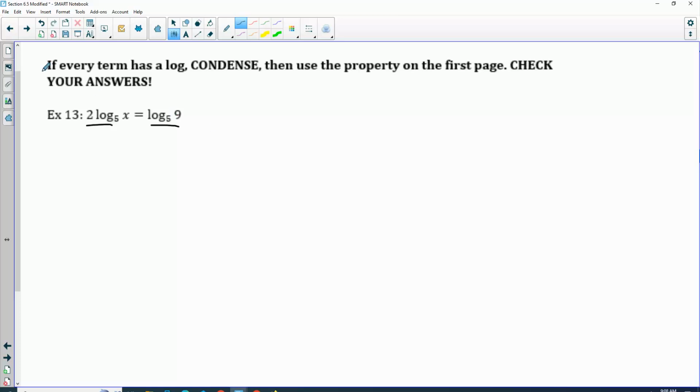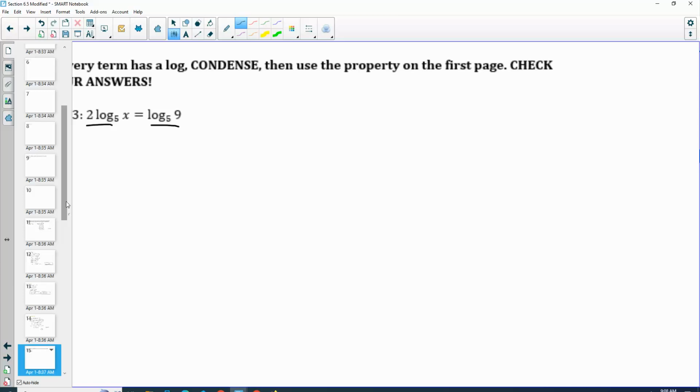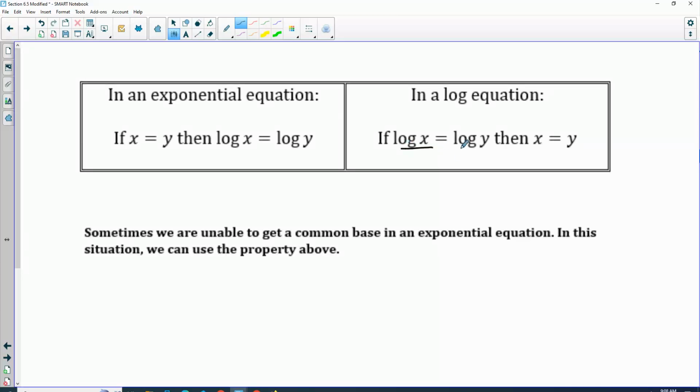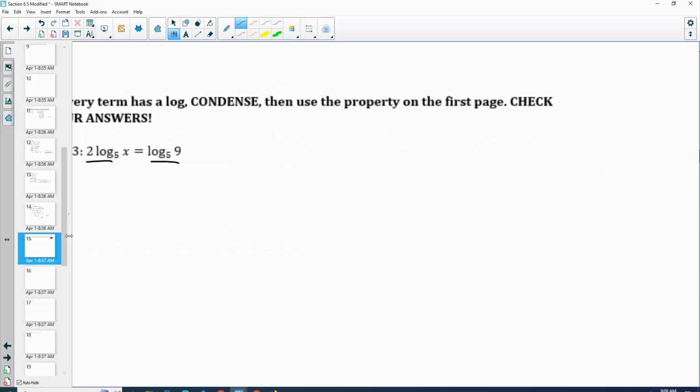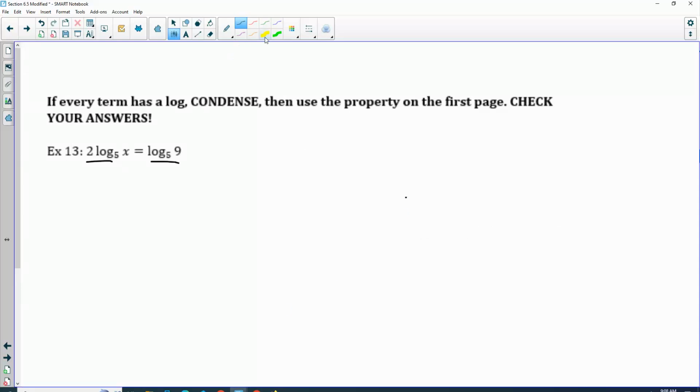Because remember from yesterday, our properties. We said if each side has a log, you can drop that log. So if we can get it to be a single log with no coefficient on each side of the equation, we can drop it. So when I'm looking at this, my problem is the 2.